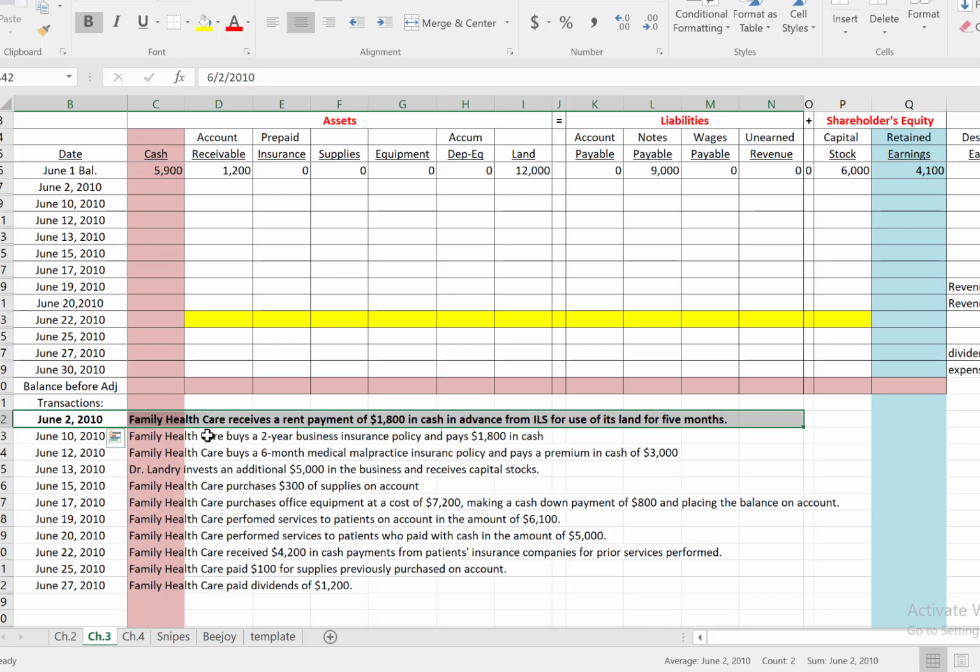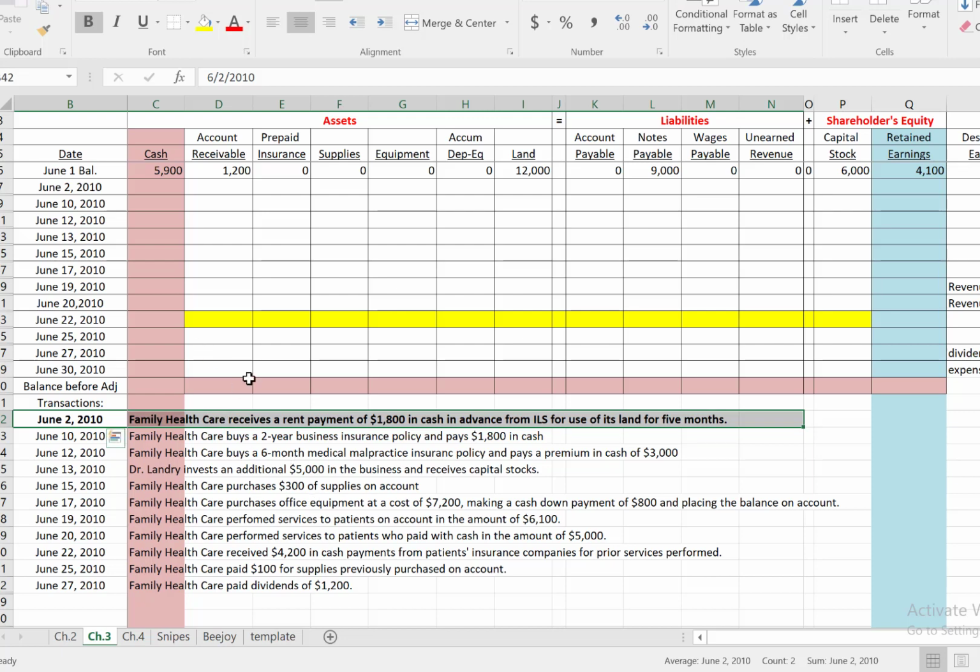Essentially what's taking place is we have what's called unearned revenue. Unearned revenue is a liability in the sense that we actually owe something. So in this case, what we owe is rent, the availability of that space for the next 5 months.